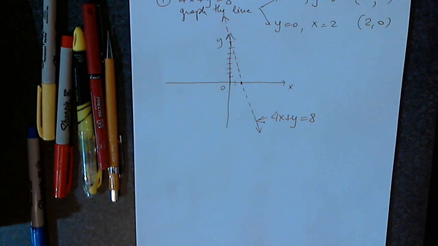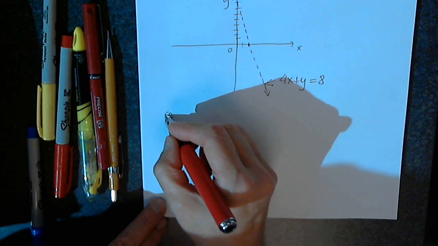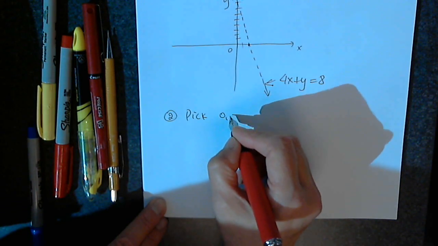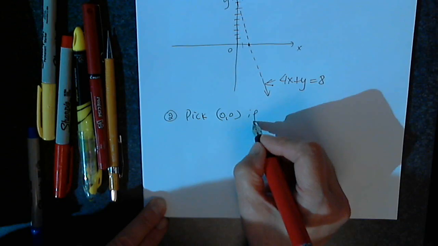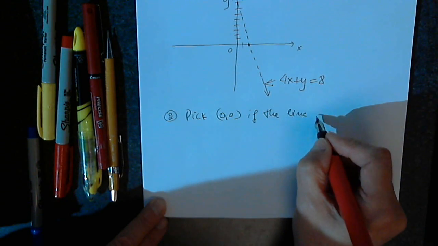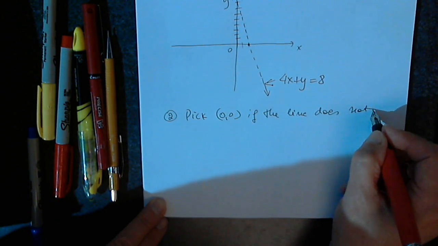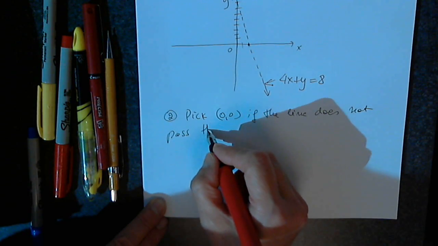So in the first step, I write the equation and I graph the equation using the x and y intercepts. In the second step, I will pick 0, 0 if the line does not pass through it.